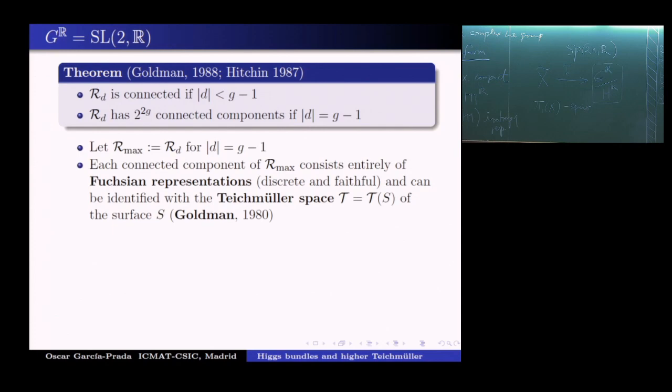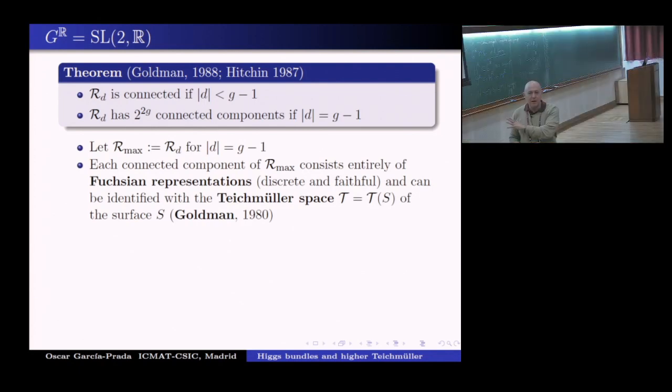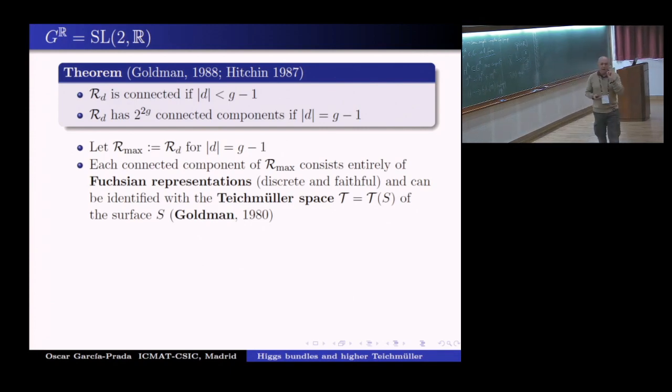From the point of view of Teichmuller theory there is just one, but if you care about the group SL2R, you see that there are these 2 to the 2g connected components, and you see the failure of injectivity. I want to emphasize the failure of injectivity and the fact that if you go to PSL2R, there is one component with this property of consisting entirely of discrete and faithful representations, okay?